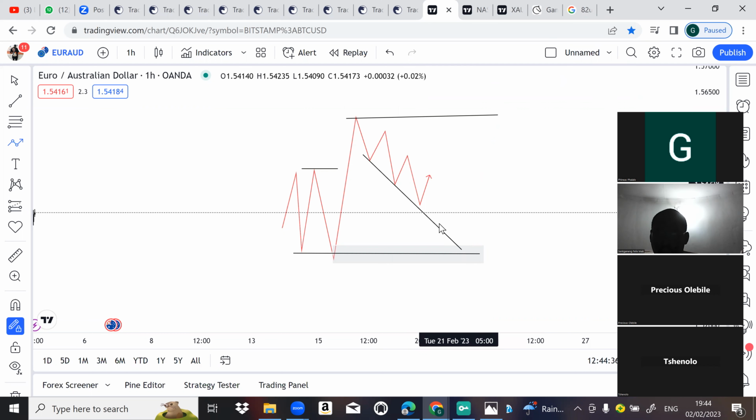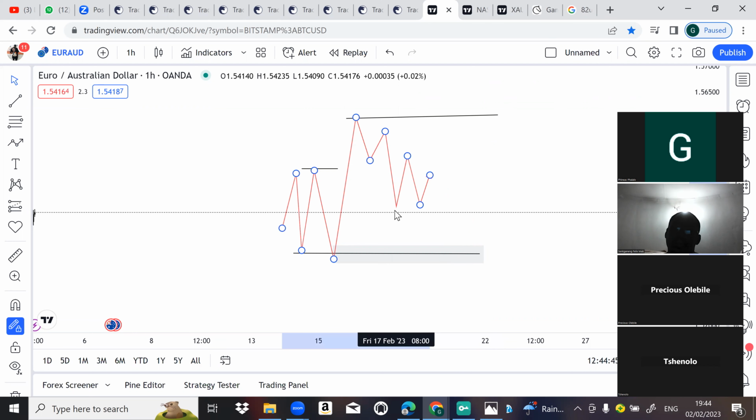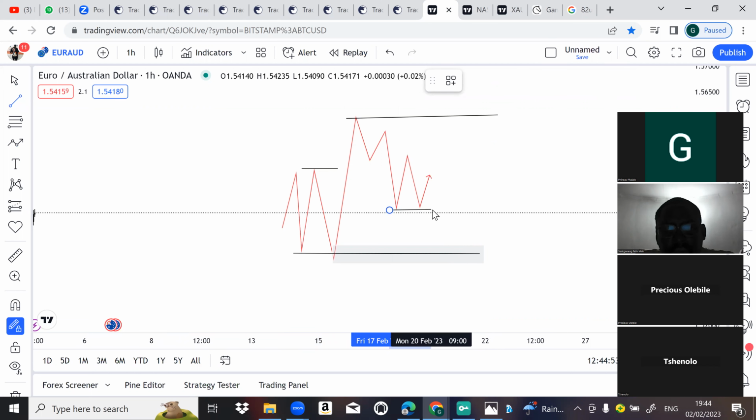So inducement is whereby we have accumulation of retailers so that the price can collect liquidity. For example, if we have these equal lows here, it's accumulation, because in retail trading there's what we call a double bottom.